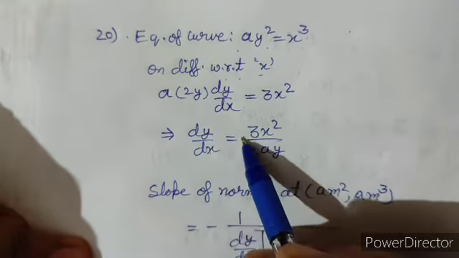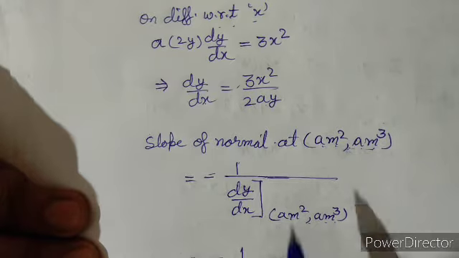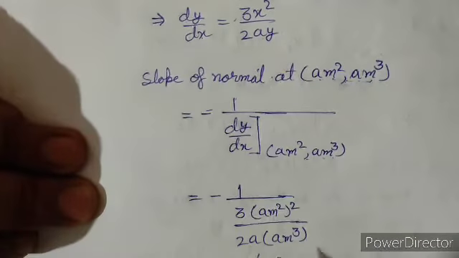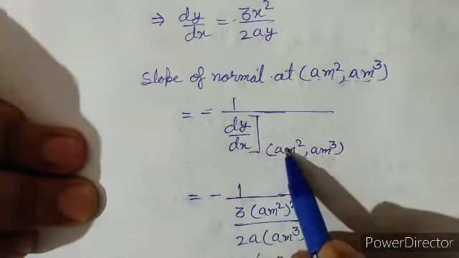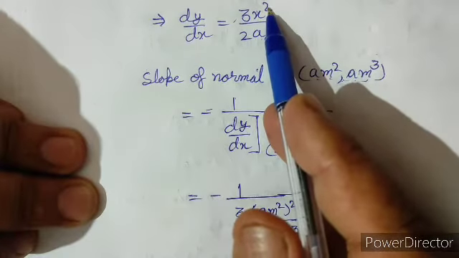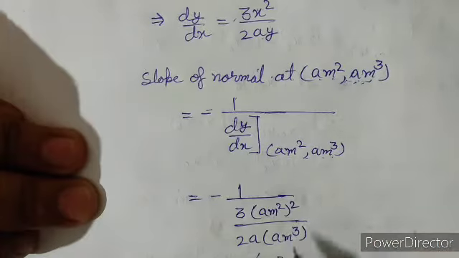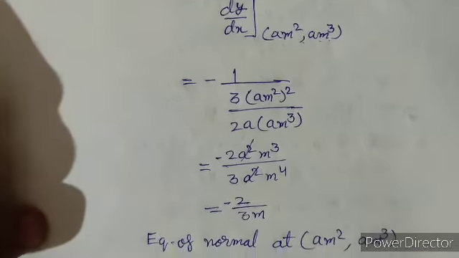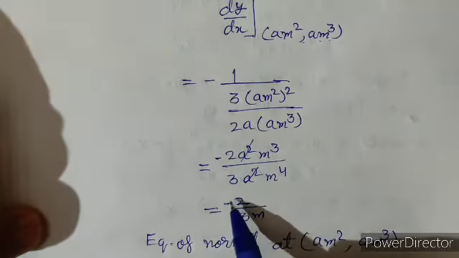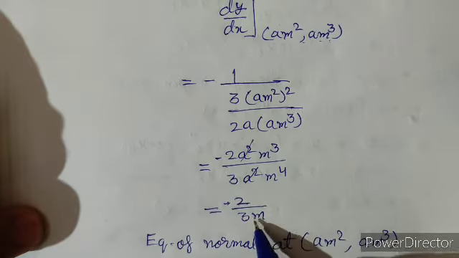So we will find the slope of the normal at (am square, am cube). Now that will be -1 upon dy by dx at (am square, am cube). Now this will be -1 upon 3 (am square) whole square upon 2a y, and y was am cube. And this will give us slope of the normal as -2 upon 3m.